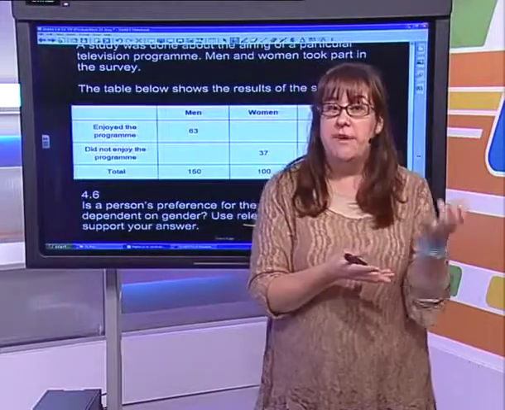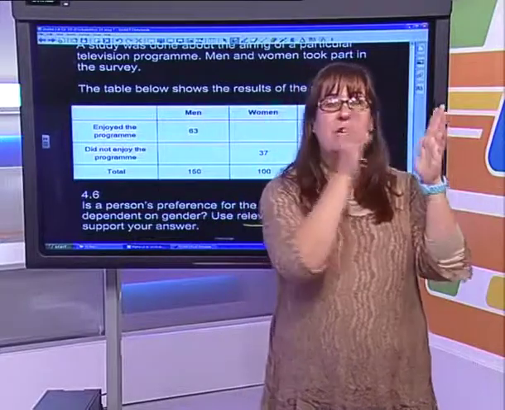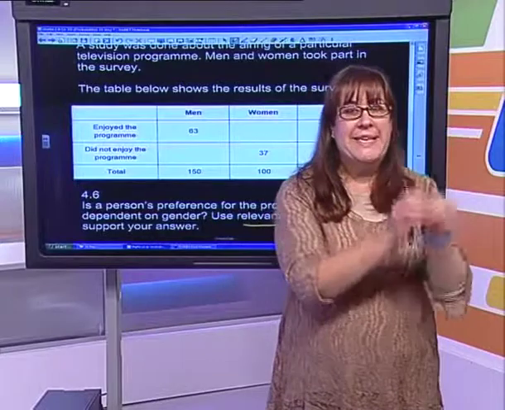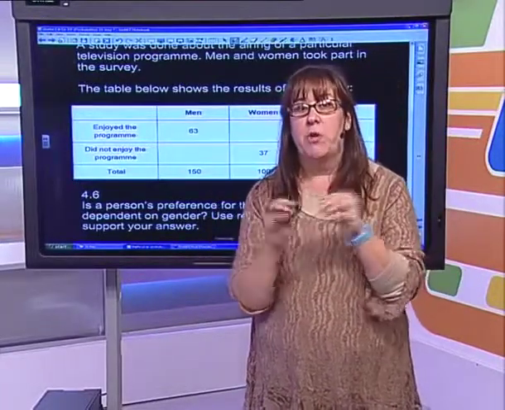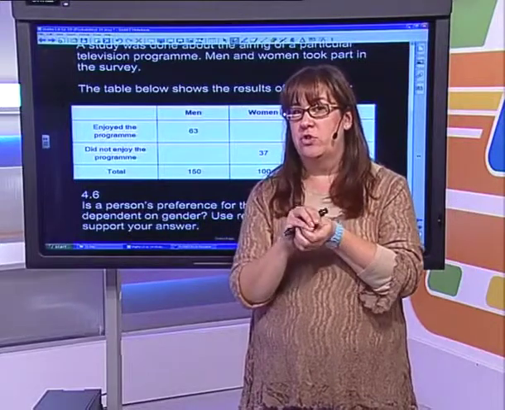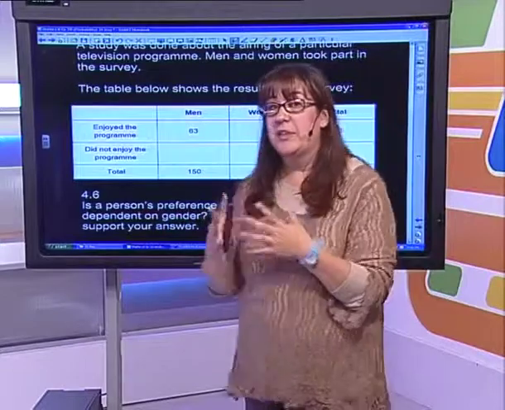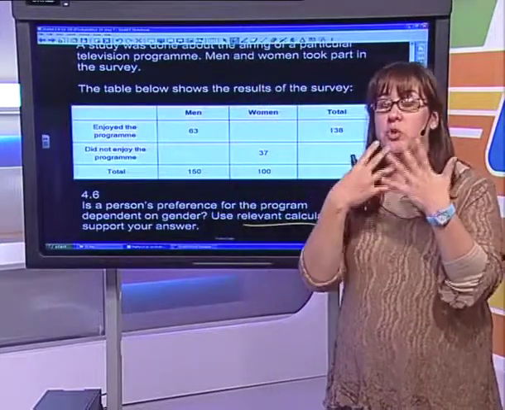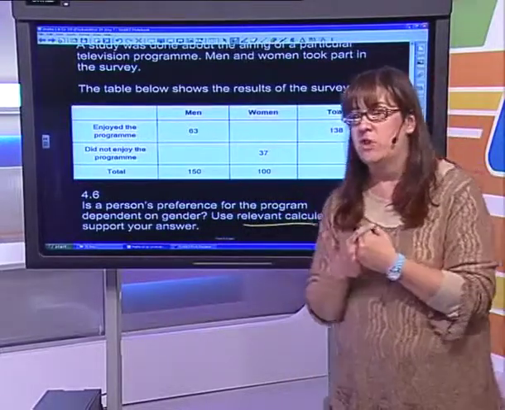We're dealing with a different number of females and a different number of males, so we're going to take both down to percentages. Calculate the percentage of females that enjoyed the program and the percentage of males that enjoyed the program, and then compare those two values. I'm not going to do the calculations for you because I think we're running out of time, but that's what you can do. So rather than doing this, I'm going to move on to the next question.